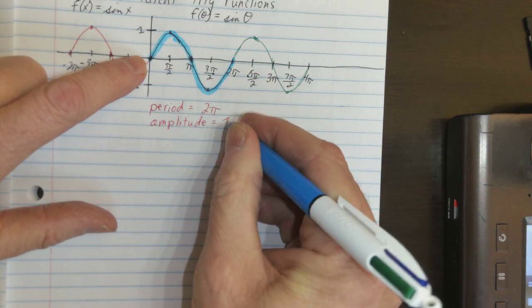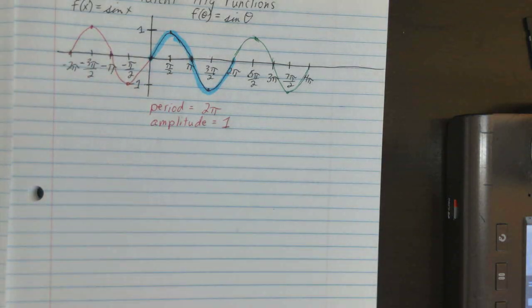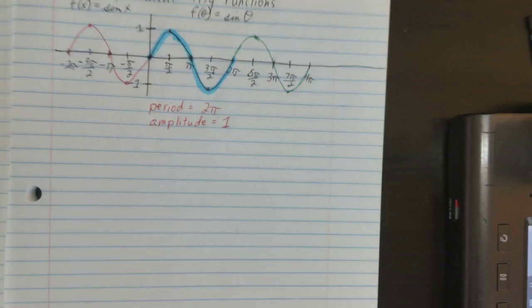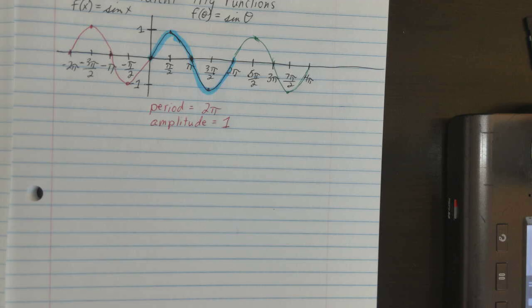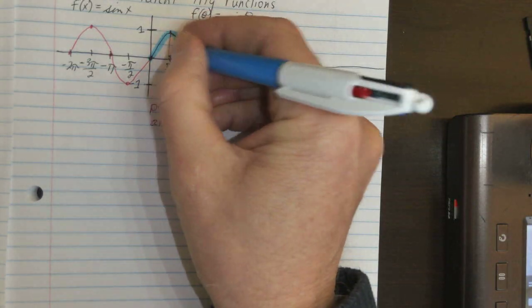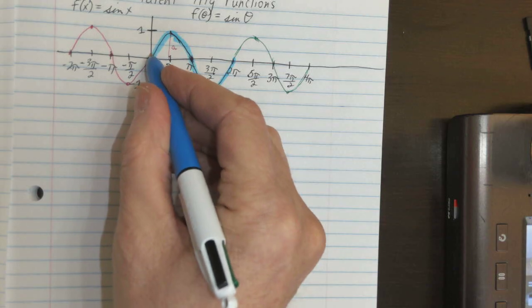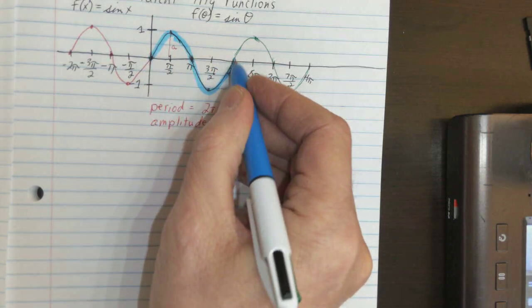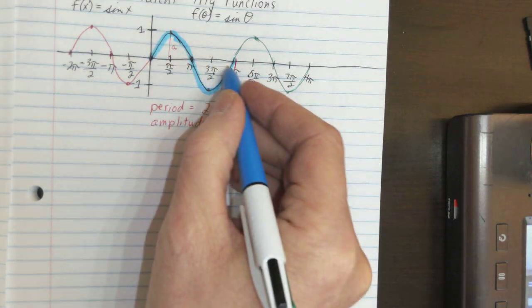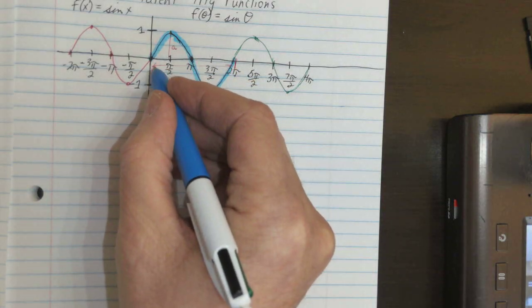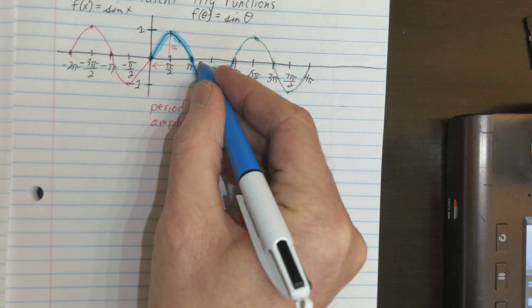The amplitude here is 1. So those are terms I want you to be familiar with. The period and amplitude. Okay, this is A for amplitude. From here to here, that is the period.